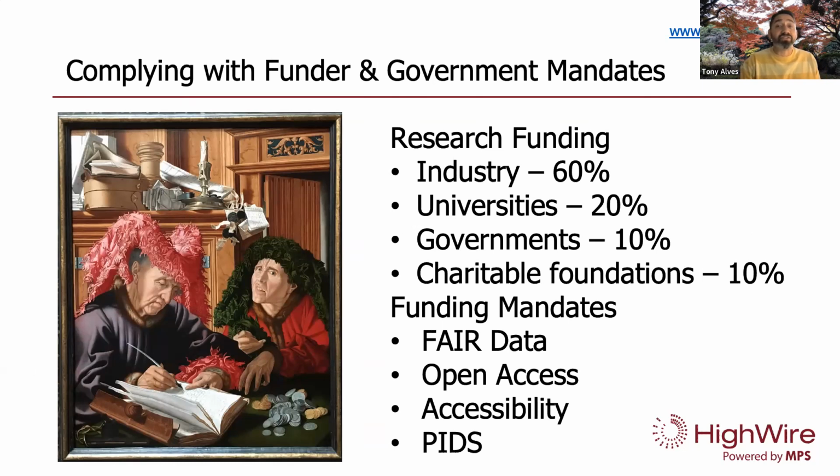There are generally strings attached to receiving research funding, and often those strings are attached to the final output of the research, such as journal articles, books, and conference proceedings. Funding mandates can take various forms, including data deposit requirements, open access requirements, accessibility mandates, and other policies that ensure some level of transparency and access.